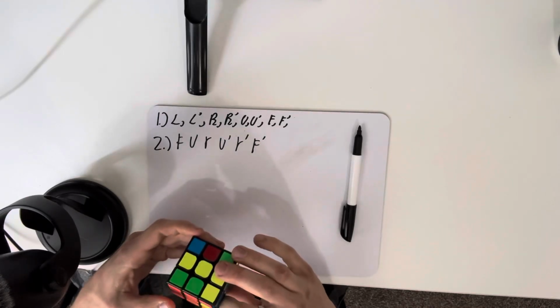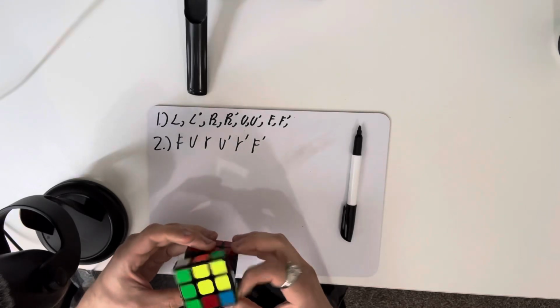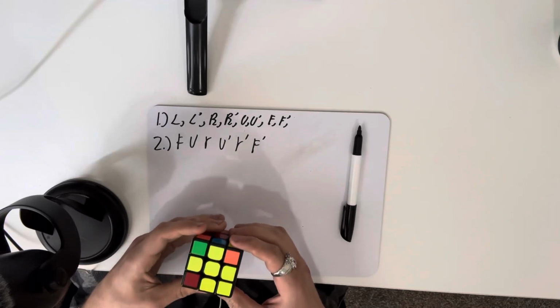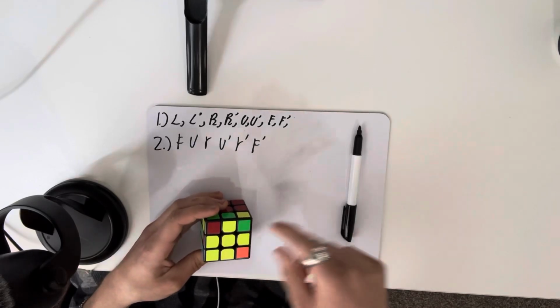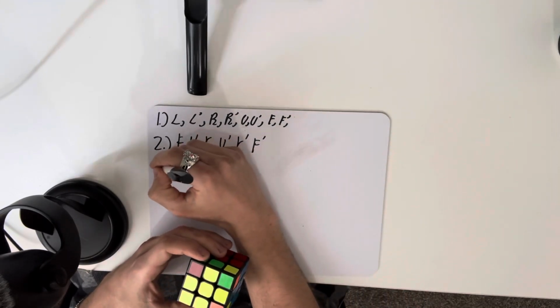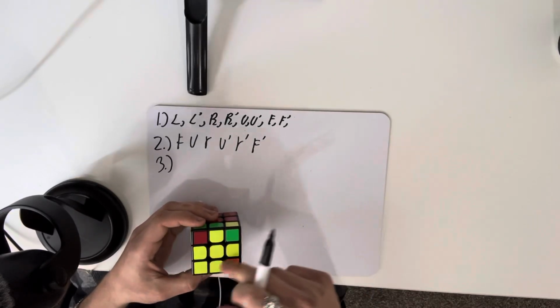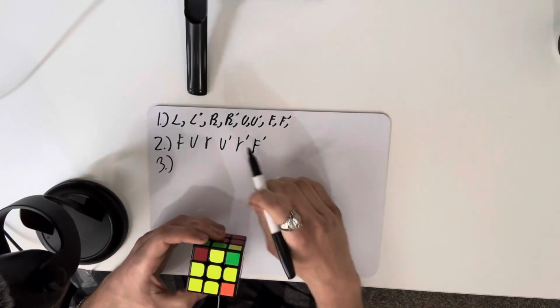I haven't done it this way in so long. There we go. So there's this shape. It's like a fish. And the idea is to get it to this shape, and then you can solve it using this algorithm.